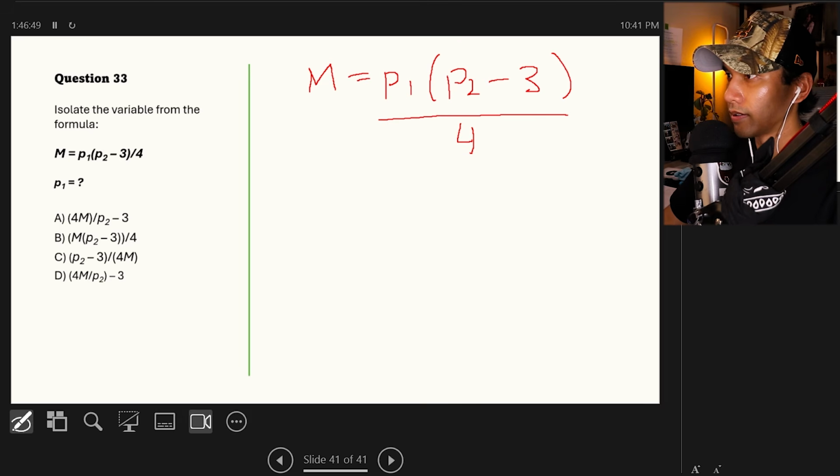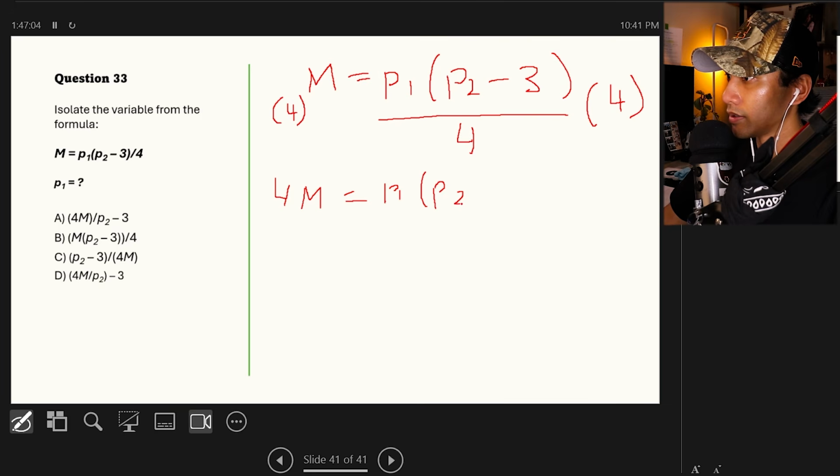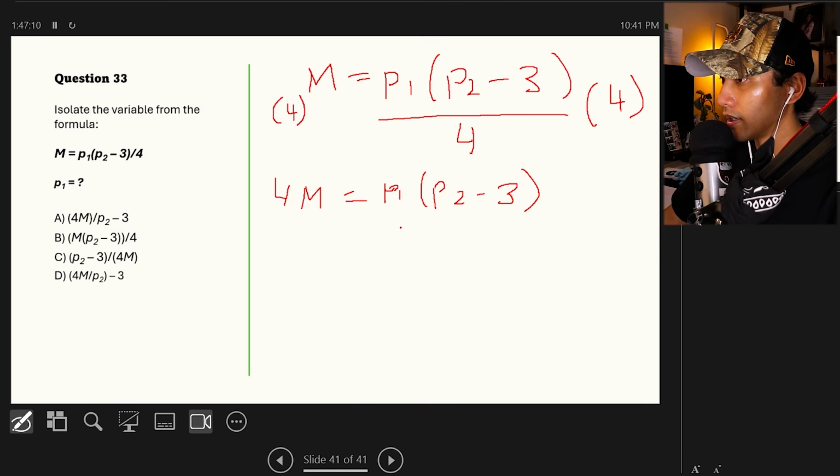I'm not sure, but okay. I would first do this. This is what I would do first. And then equals P1, P2 minus 3. Okay. And then after this, what would I do?